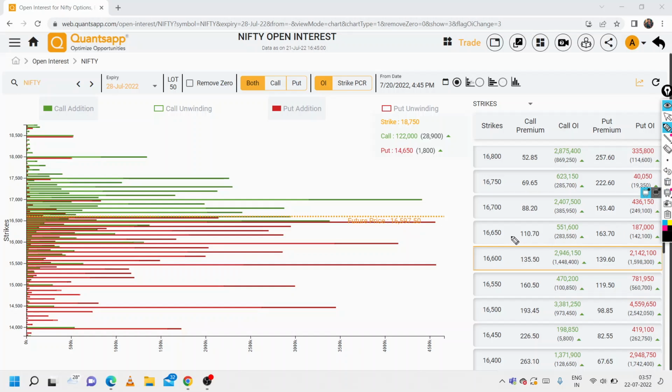The next resistance will be this 16,700 and then 16,800. So these are the levels of resistance that we have to look at. If these levels are broken, then we can expect a huge bullish run, especially if 16,800 is broken, because here you can see the call is at least 8 times of the put being added.